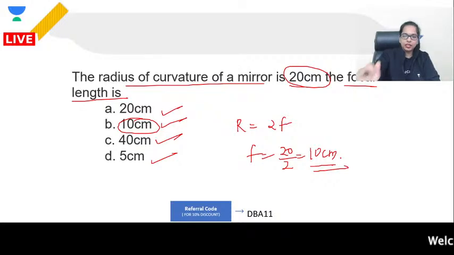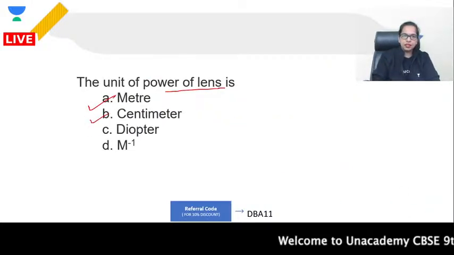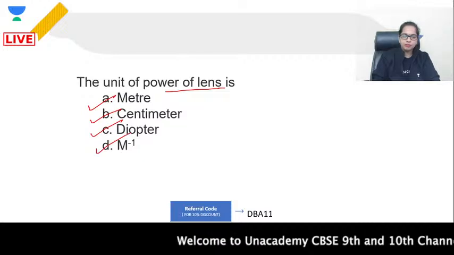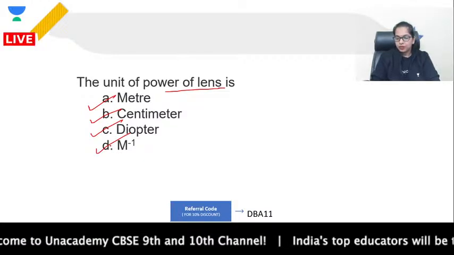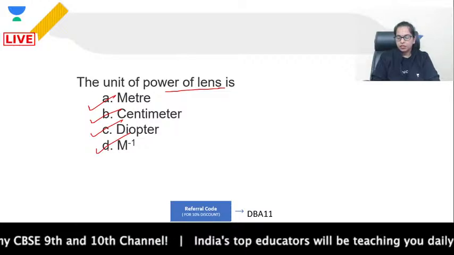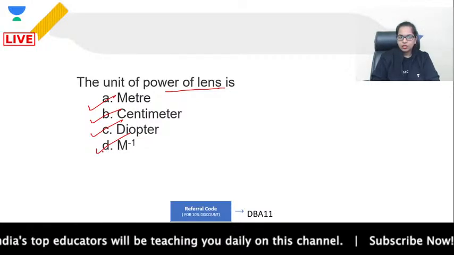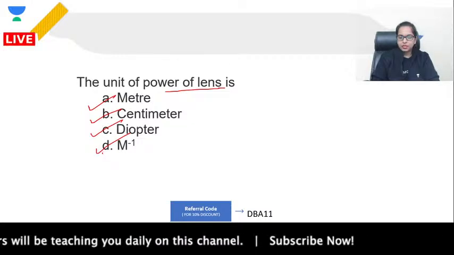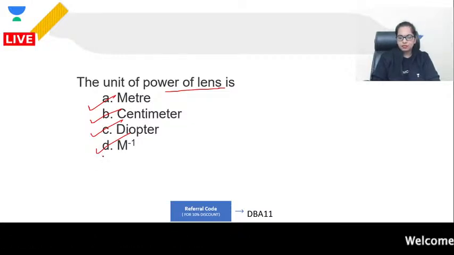Okay? Okay, next. Power of the lens is in meter, centimeter, diopter or m-1. Markande Ojha, hello, good evening. Sorry, good afternoon. We are on the question. The unit of power of the lens will be what? Meter, centimeter, diopter or per meter.